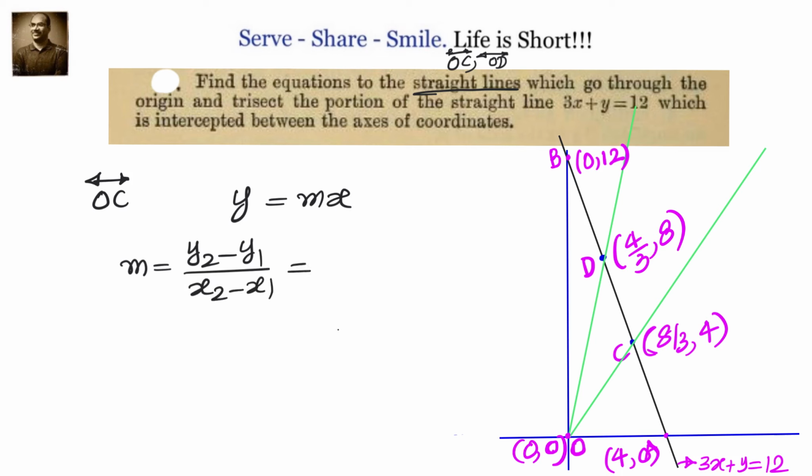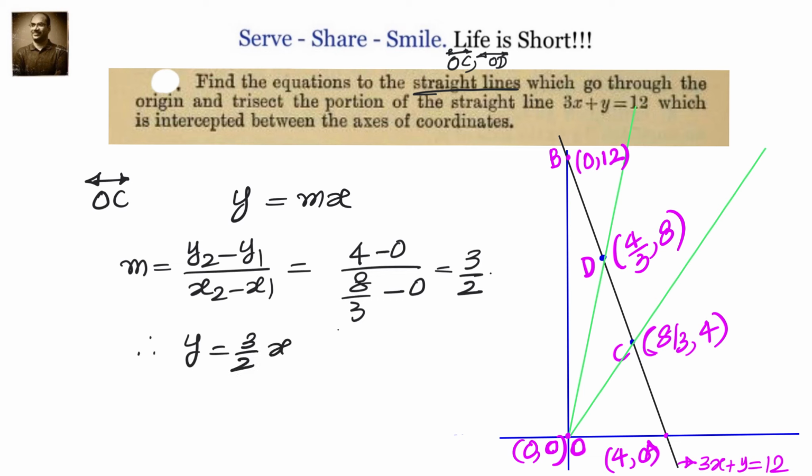So y2 minus y1 by x2 minus x1, that is 4 minus 0 divided by 8 by 3 minus 0, because our x1, y1 is 0, 0 and x2, y2 is 8 by 3 comma 4. When we simplify, we get 12 by 8, which can be written as 3 by 2. So the equation of OC is y equals 3 by 2 into x, or you can write it as 2y equals 3x, or 3x minus 2y equals 0.